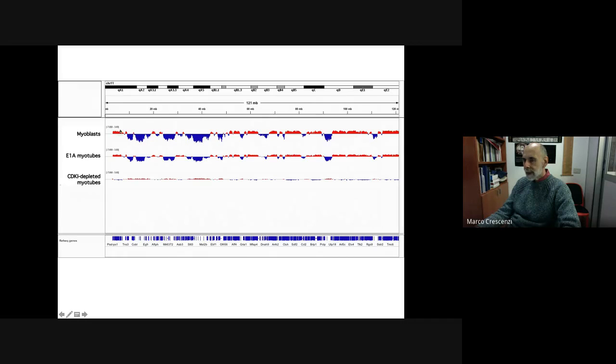Some regions are replicated early, the red ones, and some regions are replicated late, the blue ones. And so there is a very specific pattern that is faithfully replicated when we reactivate myotubes by expressing E1A. You see what is blue here is blue here, and what's red here is red here, all over.